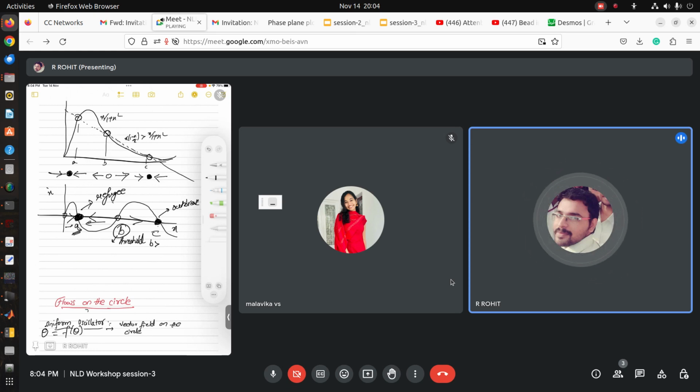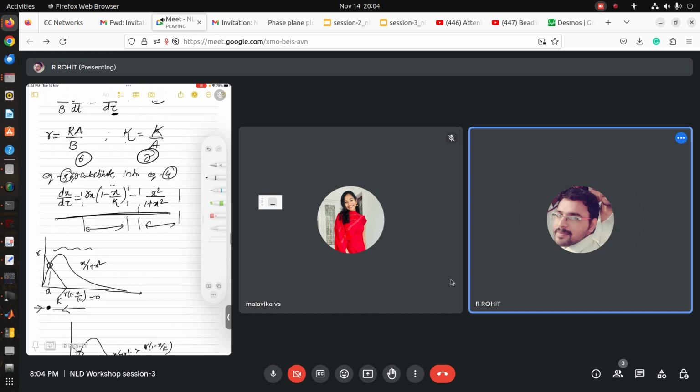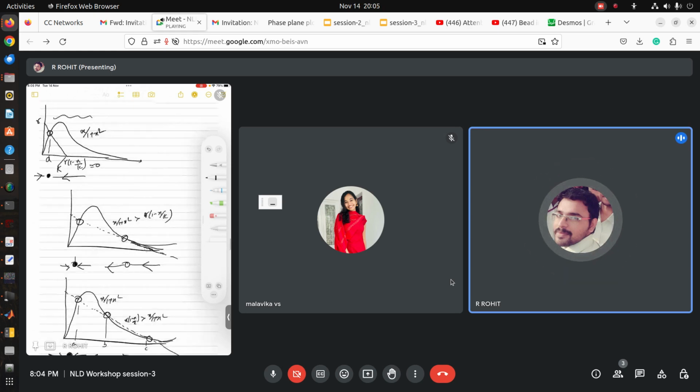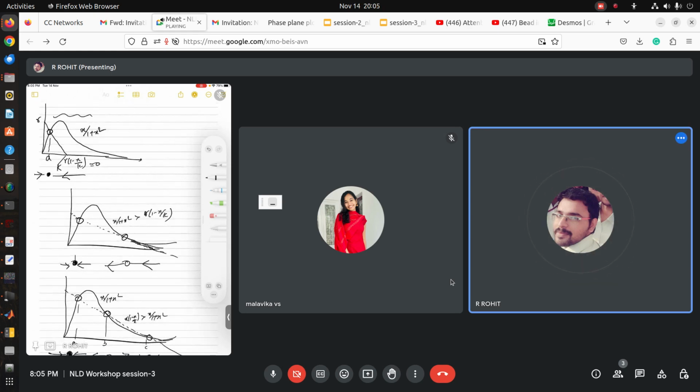He used the non-dimensionalized method to get into this form of rx into 1 minus x and x square, this general form, to draw the geometric view of it and interpret the results. That's what we have used the dimensionless technique for, converting the equation to a normal form.